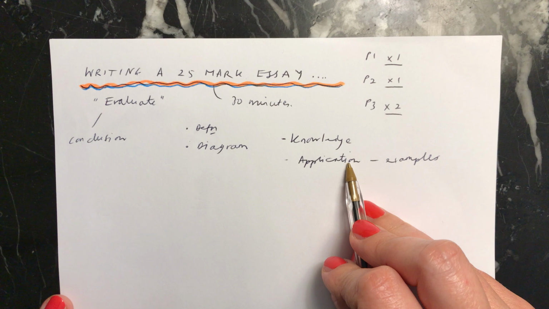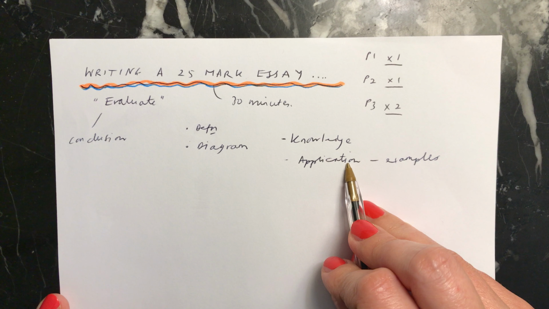But it's the idea of not just setting down the theory, but also applying it to real life and to what the actual question is that they've asked you about. So if the question is about the impact of trade restrictions on developing countries, you give examples of how it might affect specific developing countries and examples of how it might affect, for instance, day-to-day life or businesses in that country. It's giving more detailed application to real life.